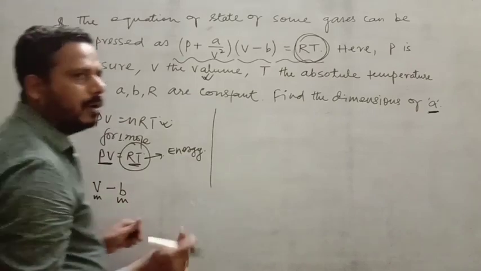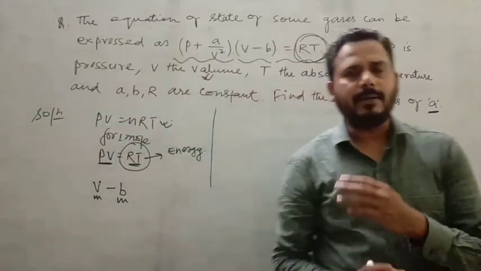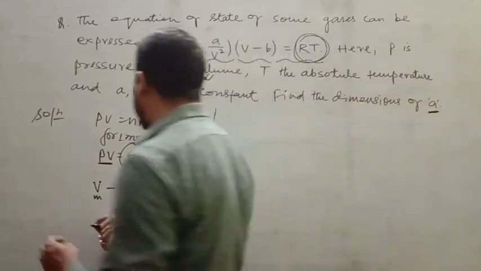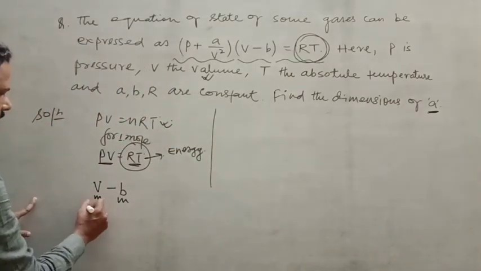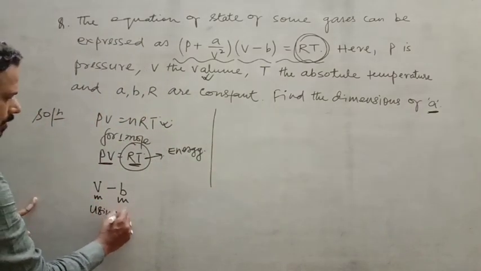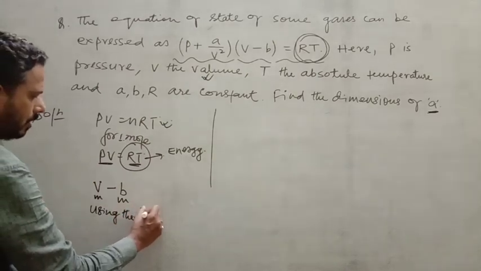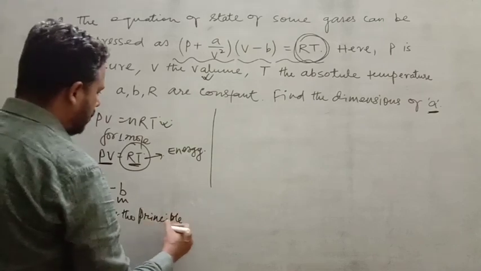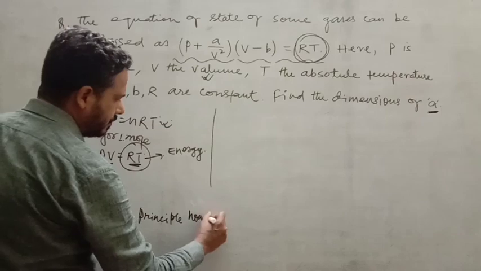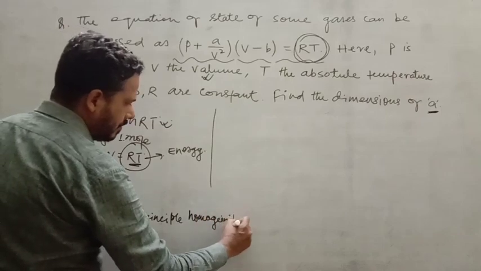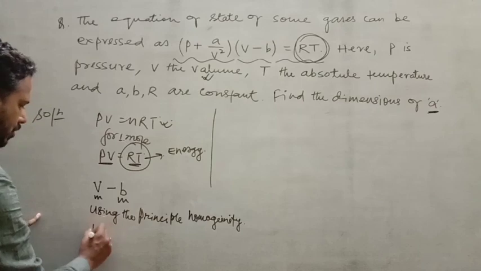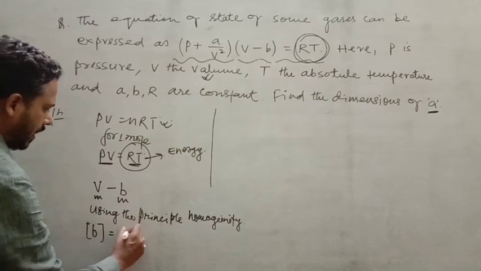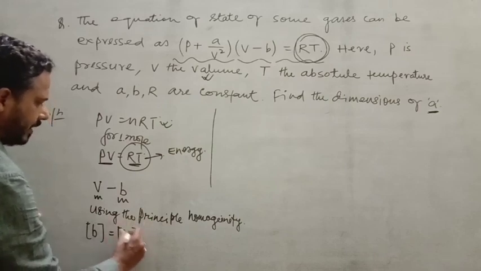Using the principle of homogeneity, whatever the dimension of V, the same will be the dimension of B. So the dimension of B is equal to the dimension of V, where V is volume.